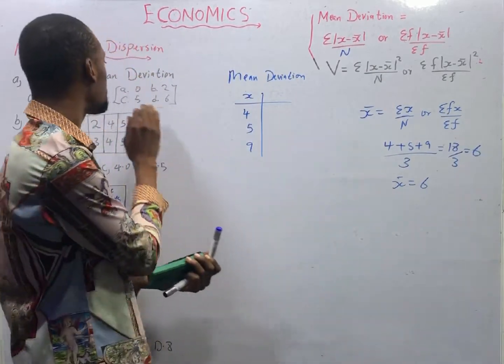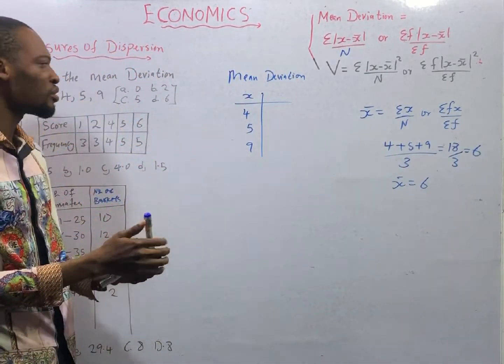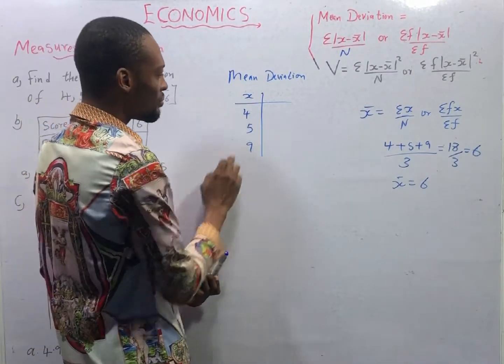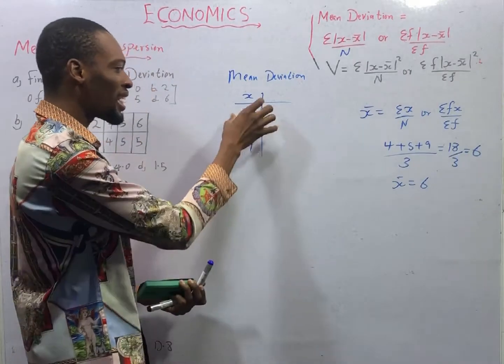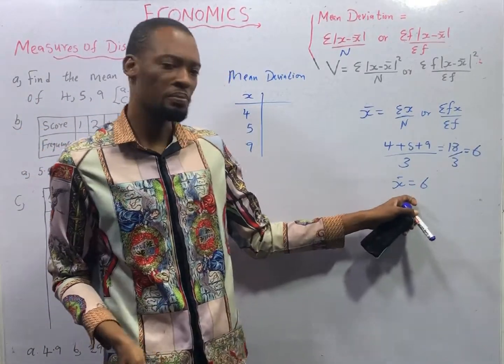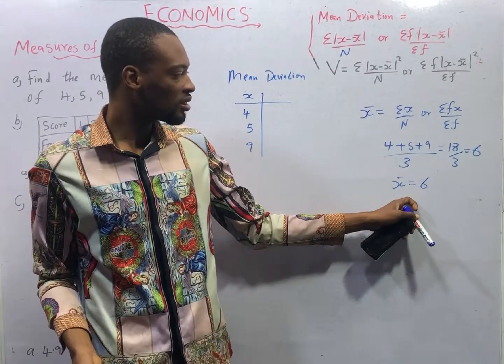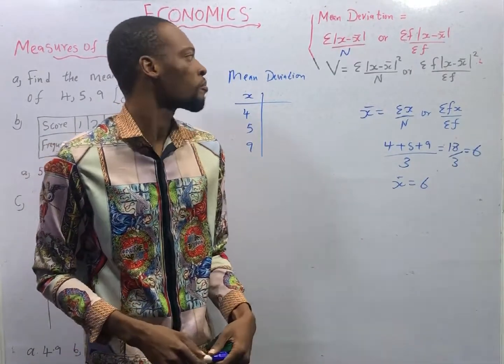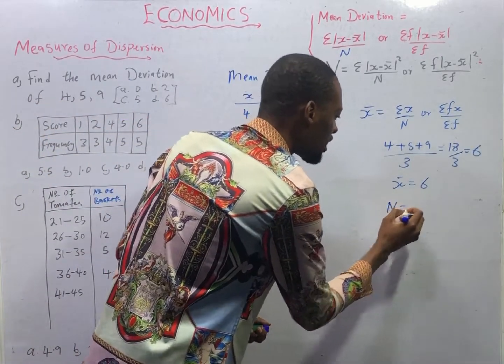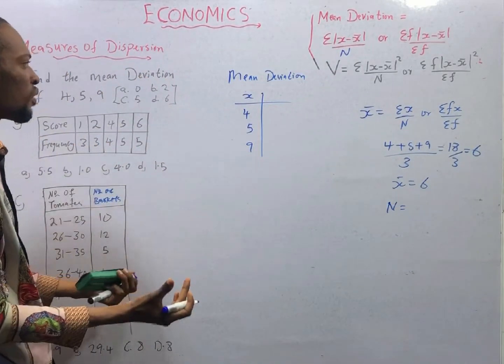So we are given an ungrouped data and asked to find the mean deviation. First of all, draw a table like this. Let here be s. Bring out each of the values, no matter how many they are. After that, look for the mean, s bar. After looking for the mean, ask yourself, what is n? N is how many values we have.